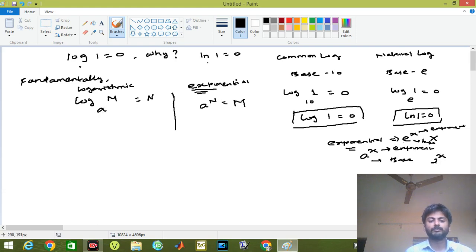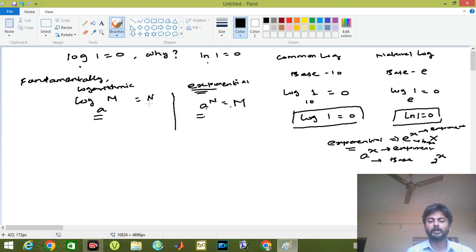See, if I am having log m to the base a equal to n, then its equivalent exponential form can be written as a power n equal to m. That is, the base remains the same. Even in the logarithmic form or in the exponential form, the base will always be the base.